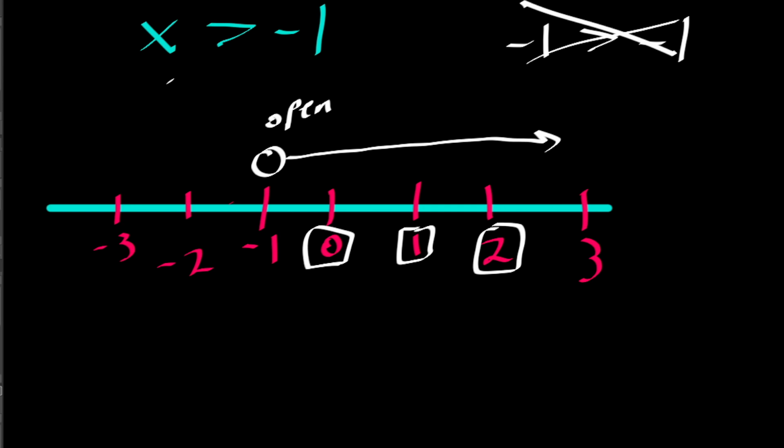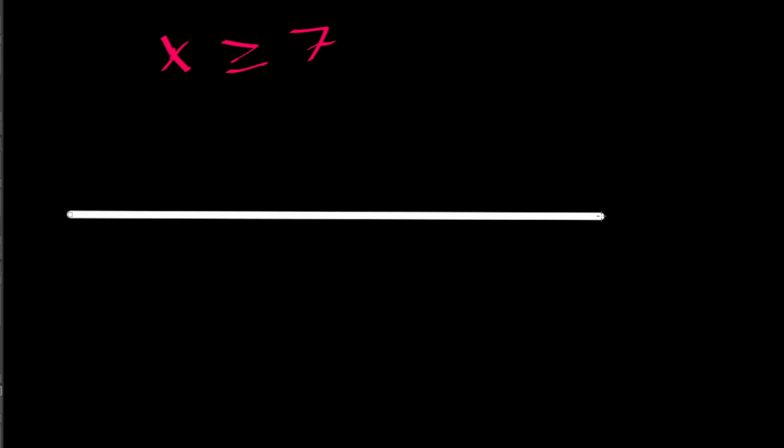I bet by now we can probably do the next one, so let's look at it. Let's say x is greater than or equal to 7. So this number line may be a little different. That's okay. We'll just start at 7.